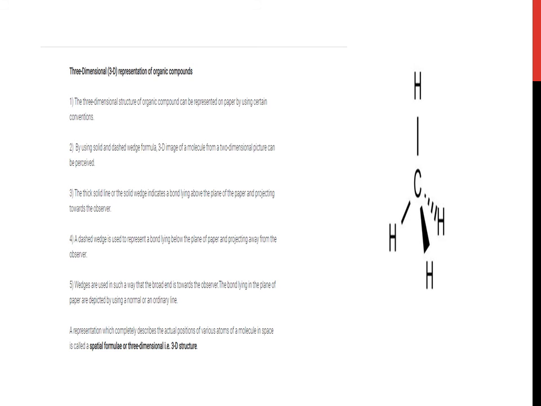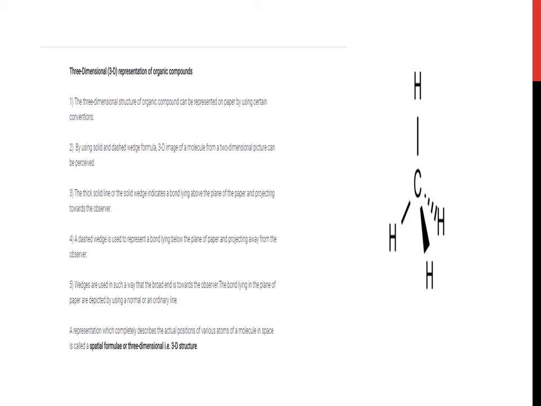Three-dimensional representation of organic compounds. On the screen there is a 3-dimensional representation of methane, CH4. The 3-dimensional structure of organic compounds can be represented on paper by using certain conventions, by using the solid-dashed wedge formula.